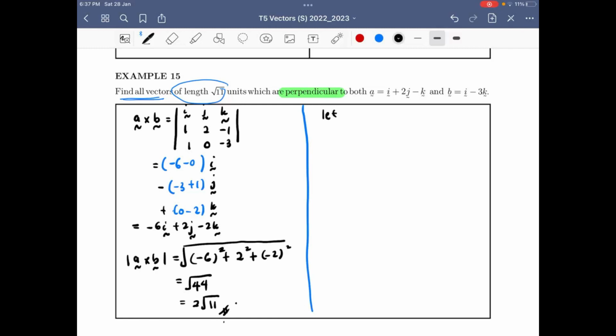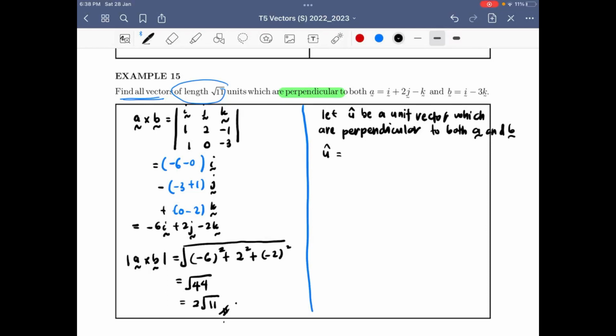We let U hat be a unit vector which is perpendicular to both vector A and B.